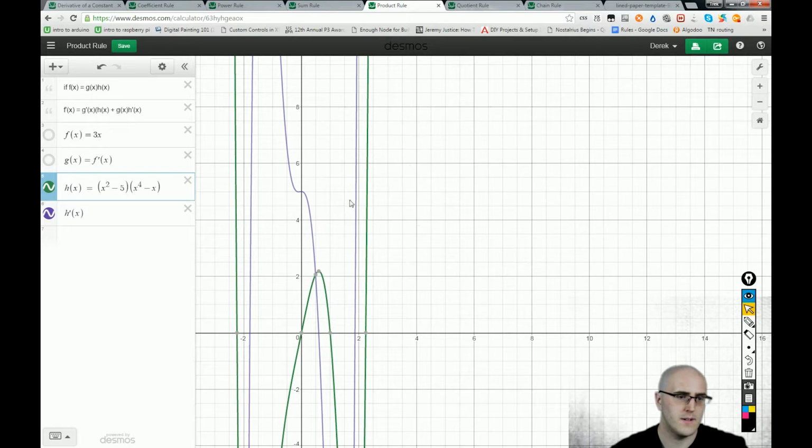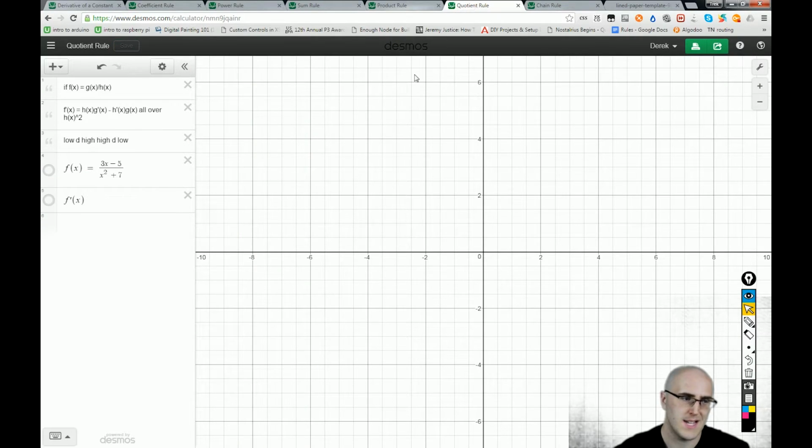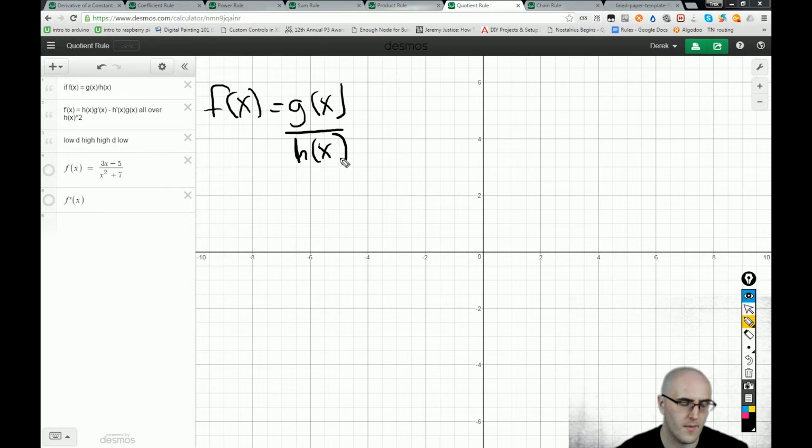All right, next one, the quotient rule. As messy as the product rule is, this one's even worse. So, our basic form is f of x is equal to g of x over h of x. And its derivative is equal to, all right, I always remember this by the mnemonic low d high, high d low.